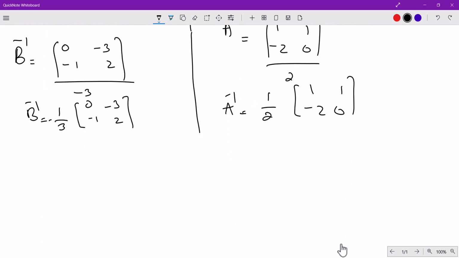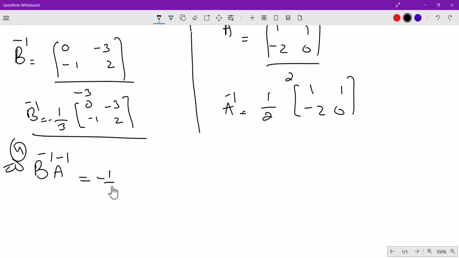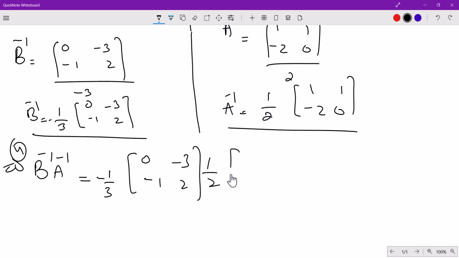Now we put the two matrices in equation number 4. Equation number 4 gives 1 divided by 2 and 1 divided by 3. B inverse is equal to minus 1 divided by 3 into [0, -3; -1, 2], and A inverse is equal to 1 divided by 2 into [1, 1; -2, 0].